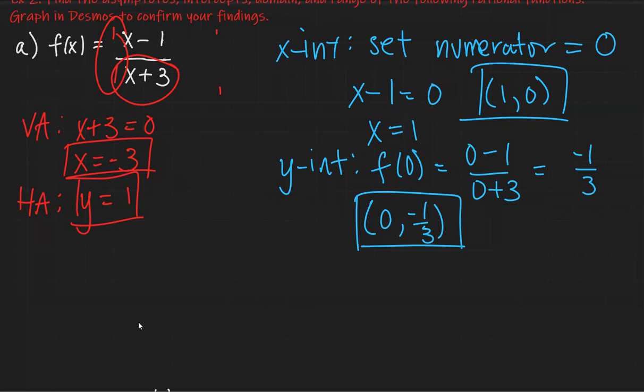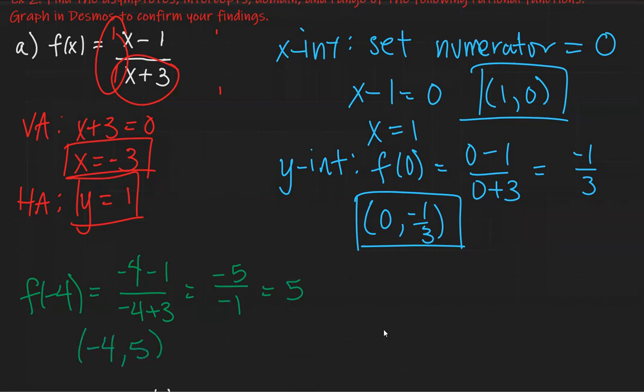So let's do -4 and -2. Okay, so f of -4, what do we get? -4 minus 1 over -4 plus 3. -4 minus 1, that's -5. -4 plus 3, that's -1. We get 5. So another point on the graph is (-4, 5).